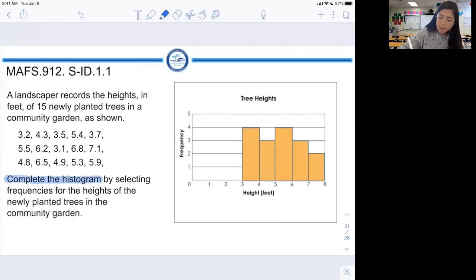But basically, if this list had 2.1, 2.2, 2.2, 2.3, where would those all go? Between 0 and 1, 1 and 2, or 2 and 3?